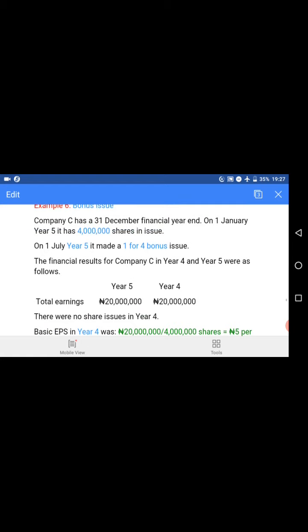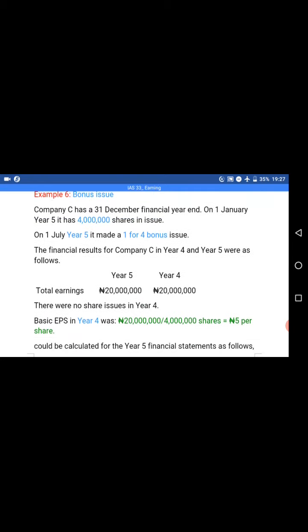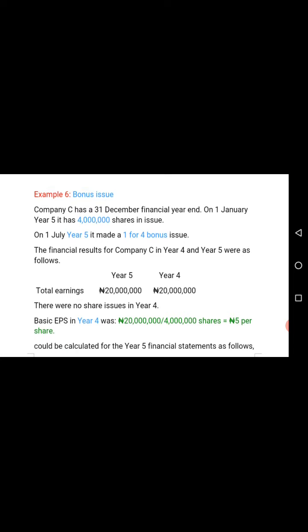The question here says, on 1st July year 5. The year starts from January and ends in December. That's the company year, because it says company C has a 31st December financial year, and a year has 12 months. So if we go back, we start from 1st January to 31st December.